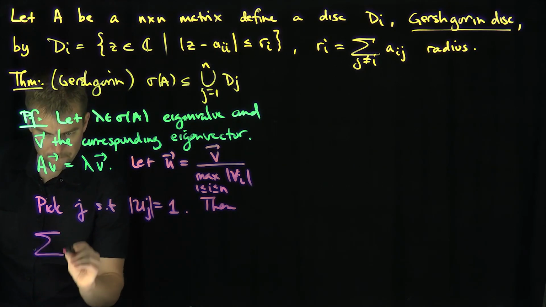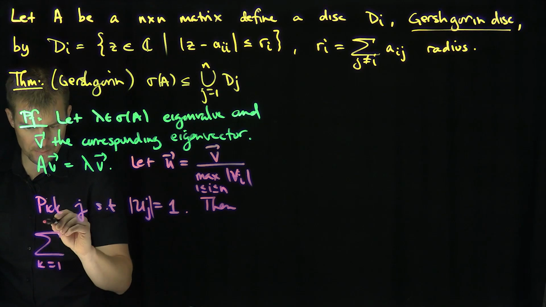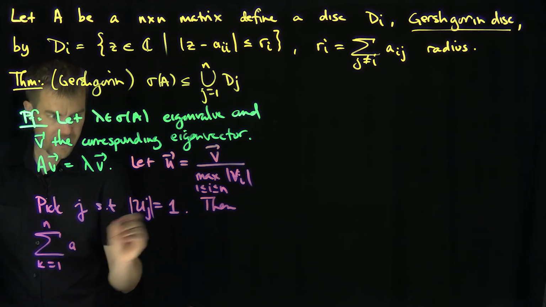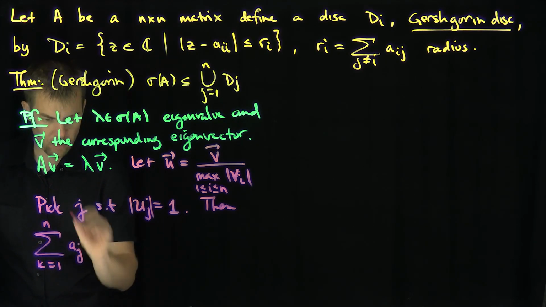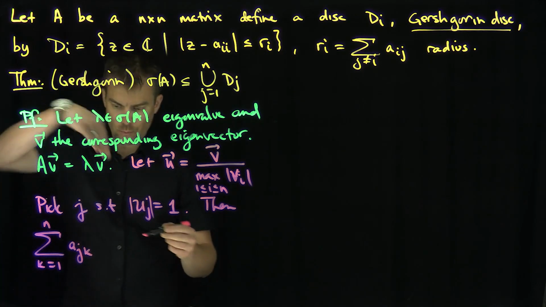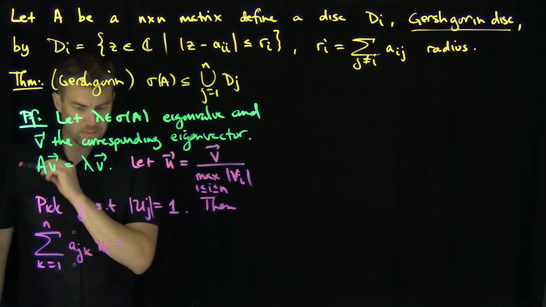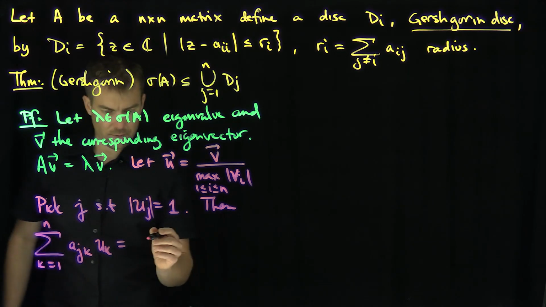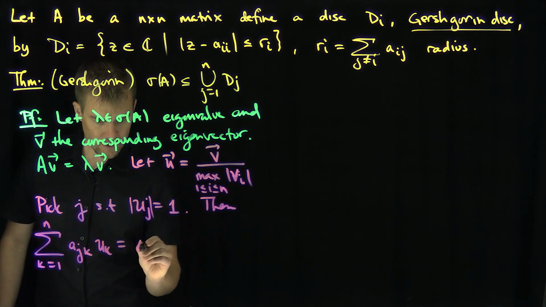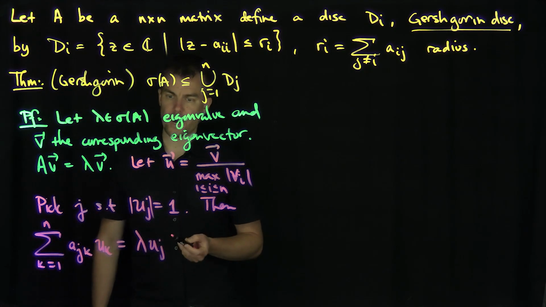So if I sum k from 1 up to n of a, now I'm in the jth row, kth column, applied to the vector u_k, that has to give me lambda u_j. That's just by the definition of the eigenvalue.